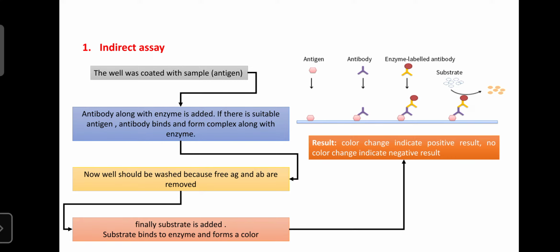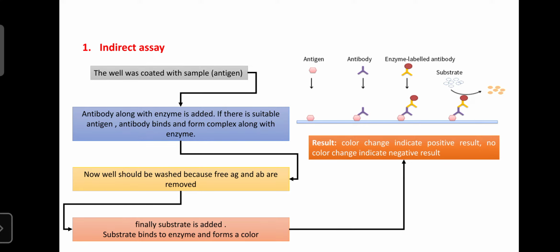That well is first coated with the sample, that is the antigens or our targeting molecules, which are simply the patient serum. After that we add the antibody along with the enzyme.